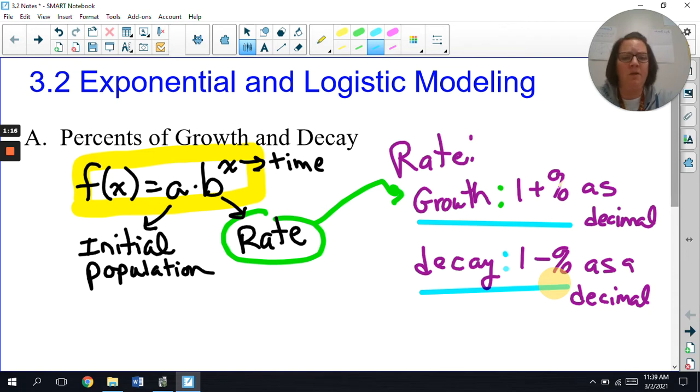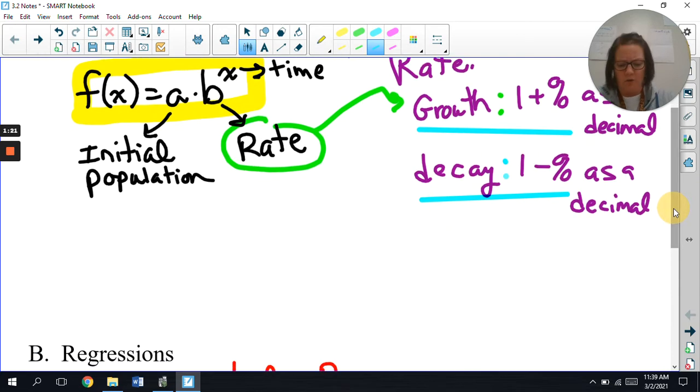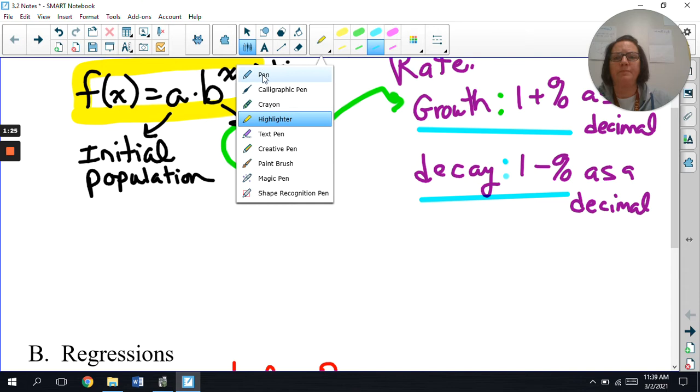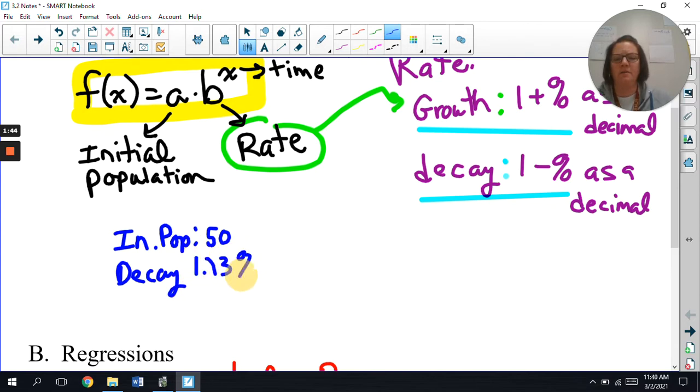Let me give you a quick example of how that would work. Let's say we have an initial population of 500 and a rate of decay of 1.73%, and I want to write an equation.